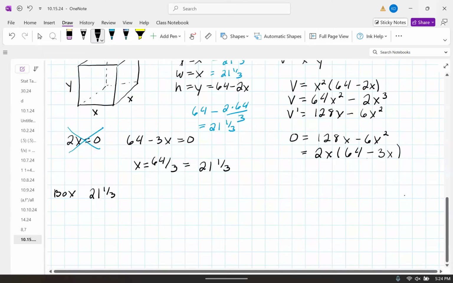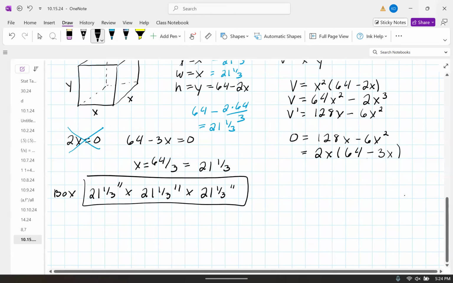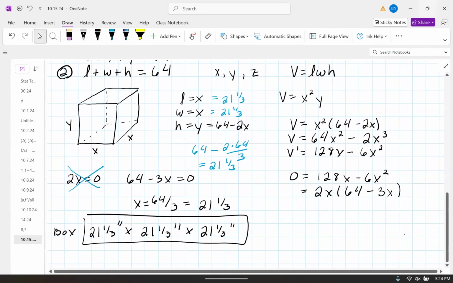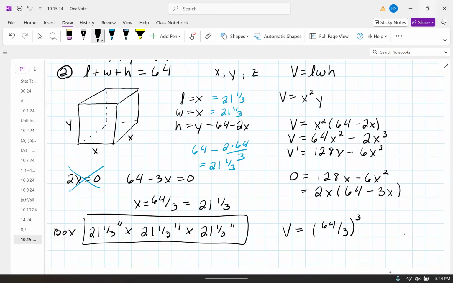It says inches. Not feet. Okay, so I have the dimensions of my box. What's its volume? I'll get my calculator. I can't do that math in my head.